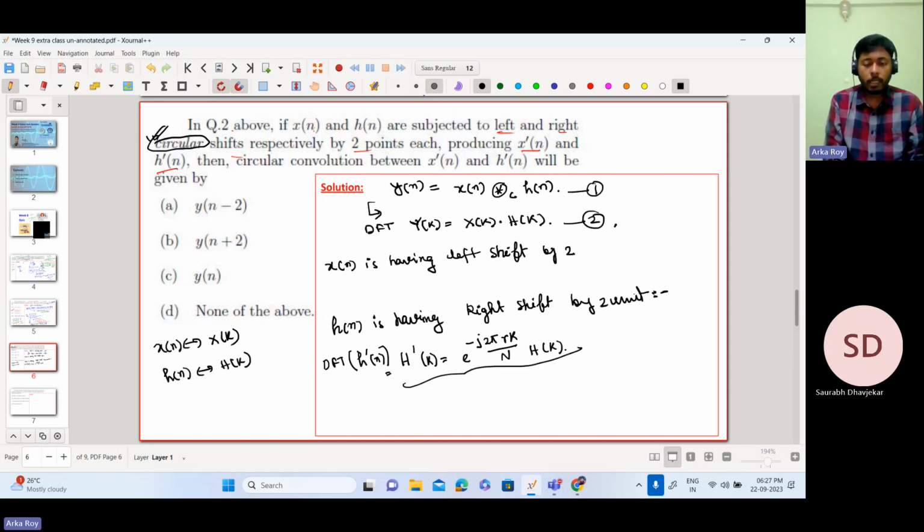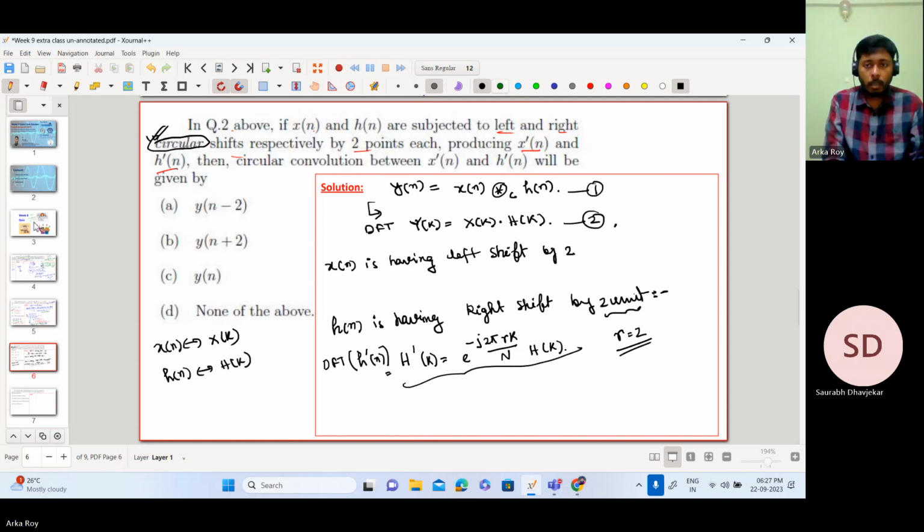So this is what H'[k] looks like, and this is the right shift. Let us consider r equals 2. I'm just considering a generic equation, so you can substitute 2 in place of r.